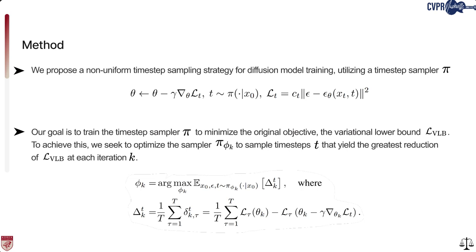To achieve this, we seek to optimize the sampler pi_phi to sample time steps t that yield the greatest reduction of L_VLB at each iteration k.